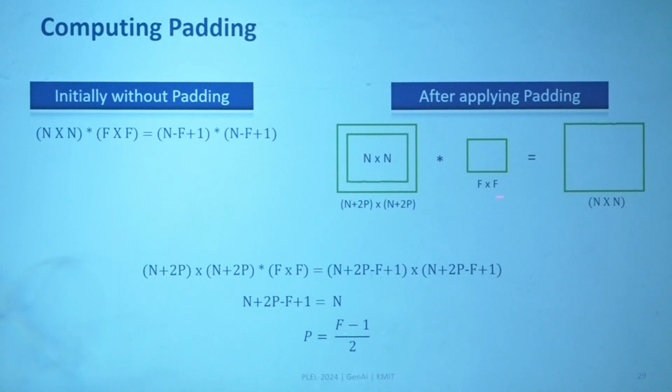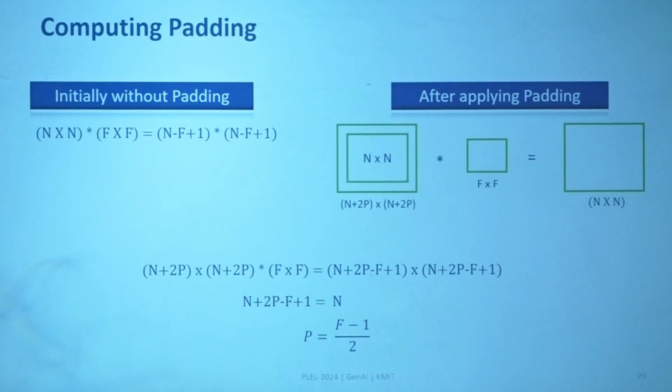When you convolve with the filter of f by f, you get this value. From this you can get the p value as f minus 1 by 2. So the padding value for your convolution operation will be determined by your filter. (f minus 1) by 2 will be the p value for your convolution operation.